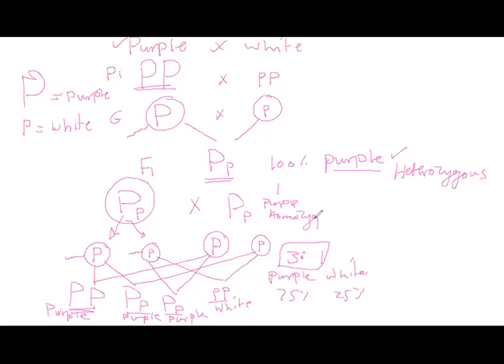Two purple heterozygous, and one white homozygous. So the ratio is 1 to 2 to 1 when we talk about the genotype. Is it hard like this, guys? No.